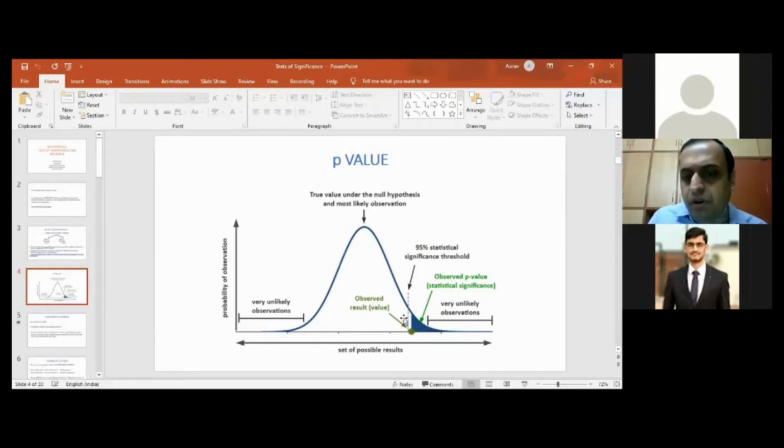If I take the 11th sample, measure the mean hemoglobin, and it comes in this area, then I can safely say that this 11th sample mean is statistically different from the mean hemoglobin observed in the rest of the 10 samples. However, if the probability of the mean is here, then I say this difference was just by chance from the other 10. There is no statistical significance between the means. So this point has to be very clear to all researchers: what a p-value is and how we interpret a p-value.